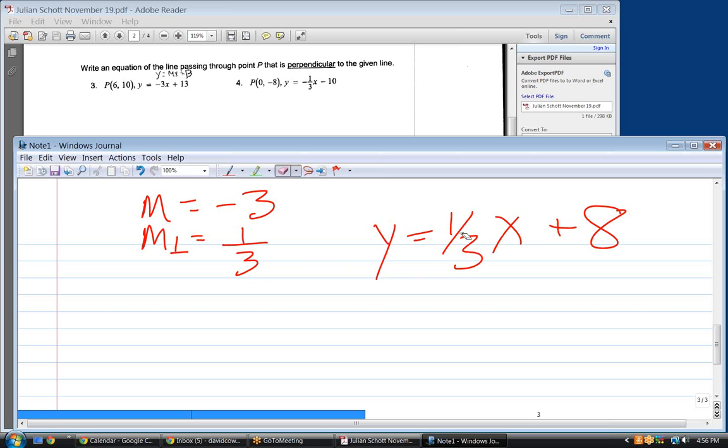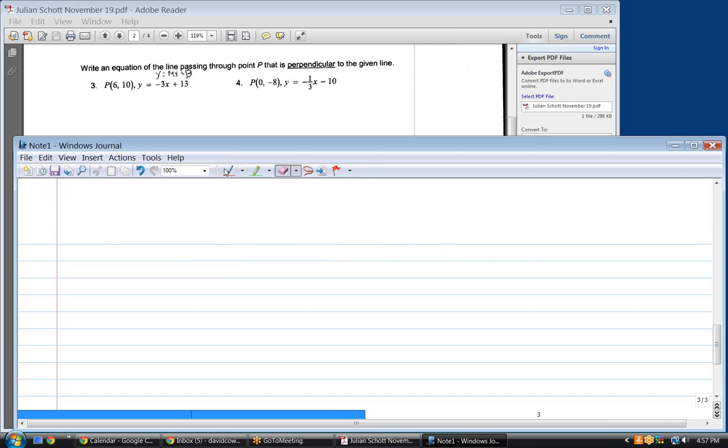It could be a vertical line or a horizontal line, which would only have one of the two. So that's the way we're going to do it. We're going to find the slope of the perpendicular, and then use y equals mx plus b and solve for b, for all of these problems.